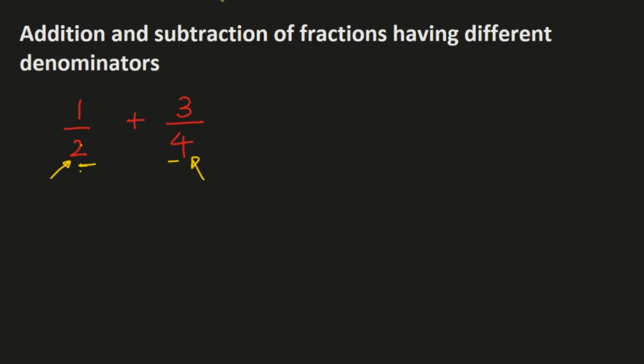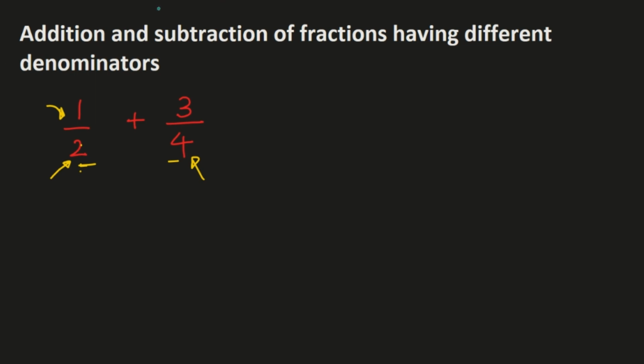So, what do you call that? If you multiply both the denominator and the numerator by the same value, the fraction that you get as the answer can be called its equivalent fraction. So what you're doing here is you are writing an equivalent fraction to 1 upon 2, so that its denominator will be converted into 4.